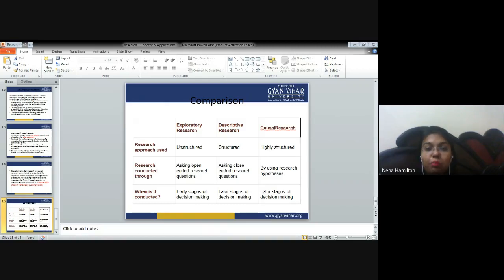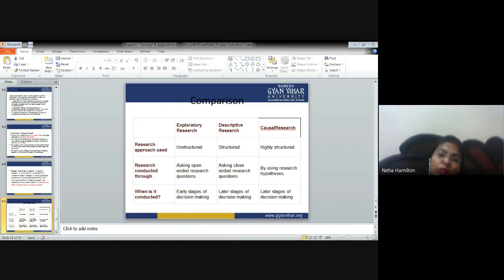When we compare the research approach used, in exploratory research it is unstructured research. In descriptive research, this is structured research. In causal research, it is highly structured research.